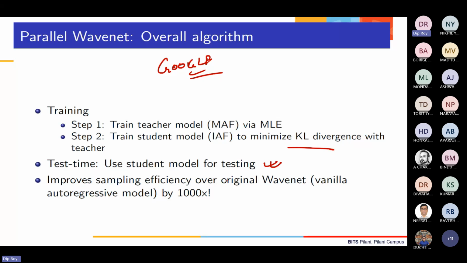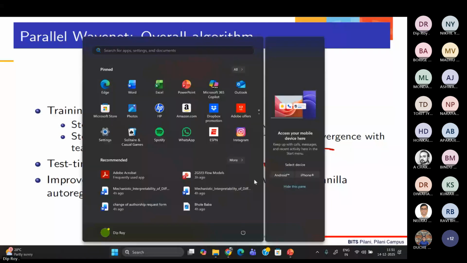And essentially, from a normal WaveNet, the Parallel WaveNet showed around 1000 times improvement in performance. Any questions?